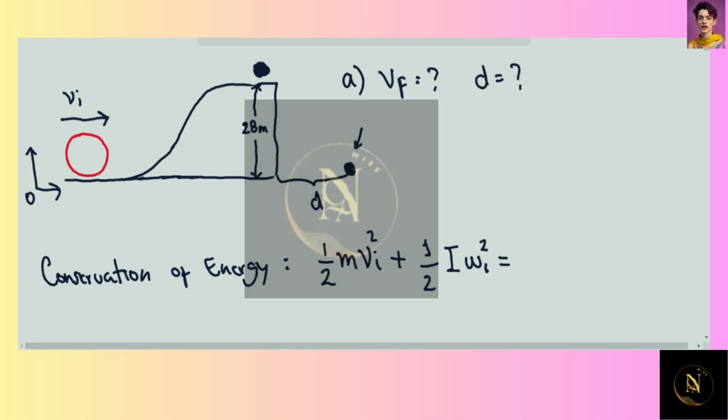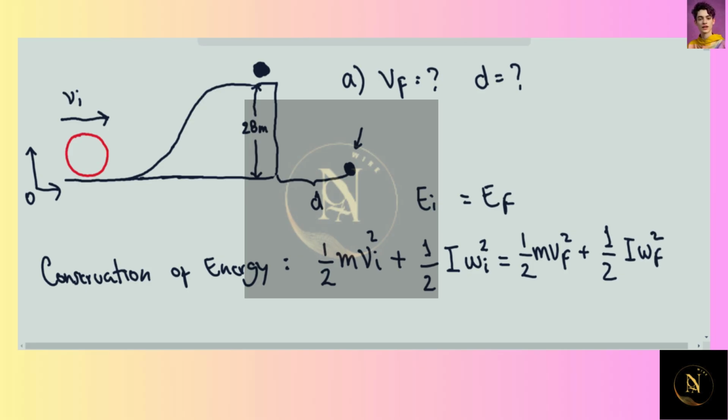And this is initial, of course, and this is equal to the final. That is the conservation of energy. So for the final part, we have the translational kinetic energy plus the rotational one.